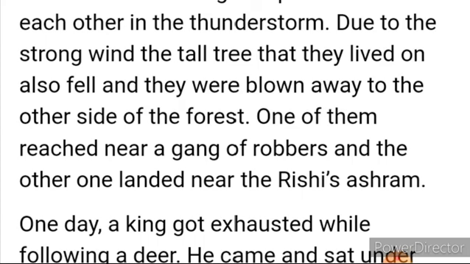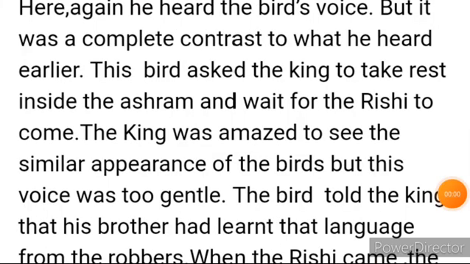So one of the birds reached a gang of robbers, whereas the second bird reached the place of a Rishi's ashram.